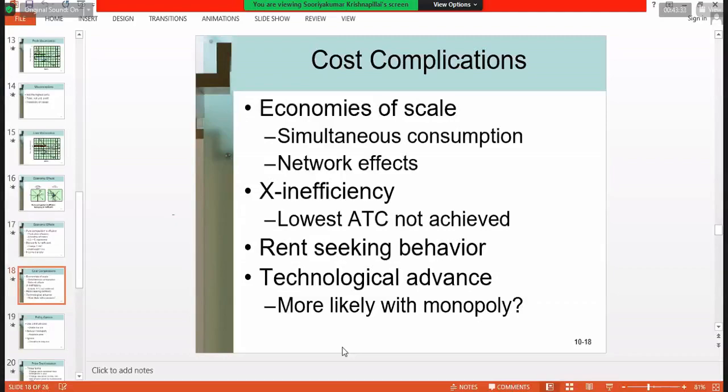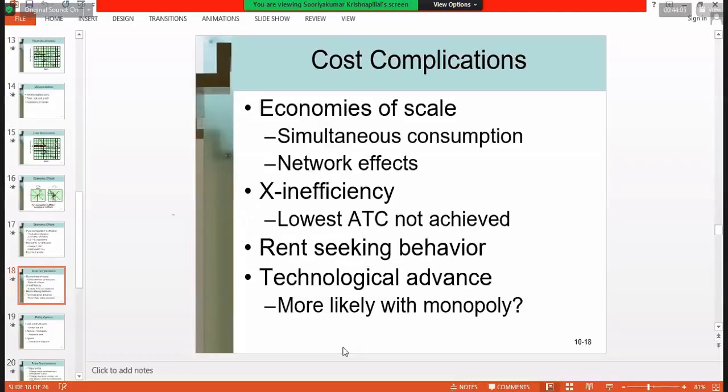So we may think of the monopoly. When they produce more and more, their average total cost may decrease. And also we may think they will produce at the lowest possible cost. But they are a monopoly, so they don't need to, even though they can produce at the lowest cost possible.